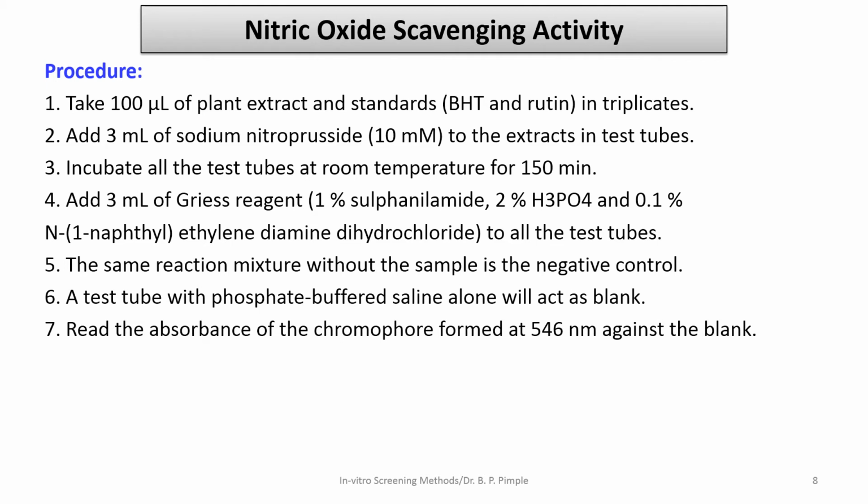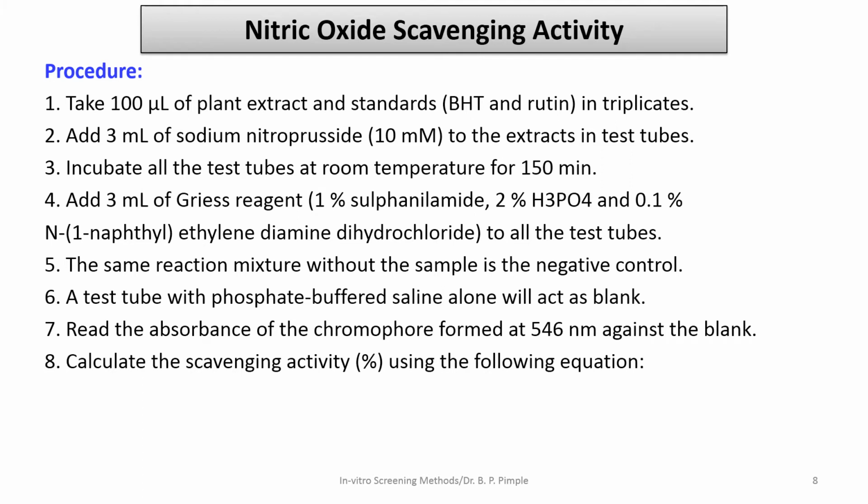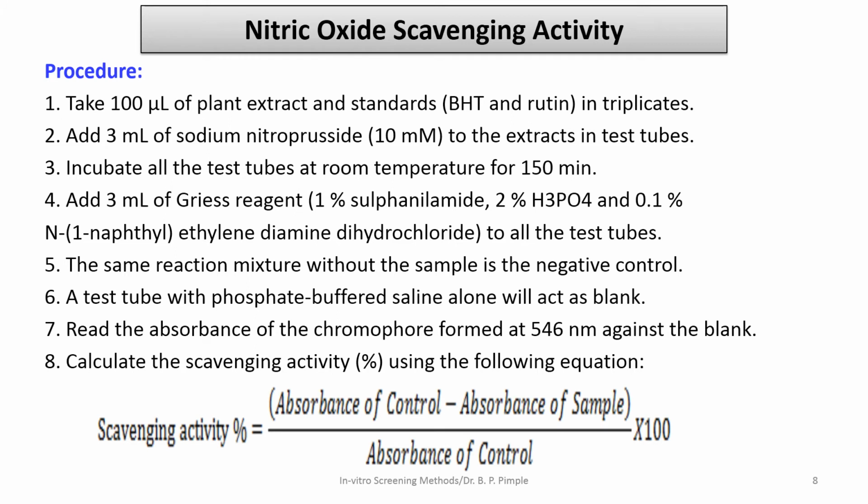The absorbance is read at 546 nanometer, and the absorbance of blank is subtracted from this. And then these readings of control, standard, and sample are put into the formula for determination of scavenging activity. For percent scavenging activity of sample, you need to incorporate only the absorbance of sample.